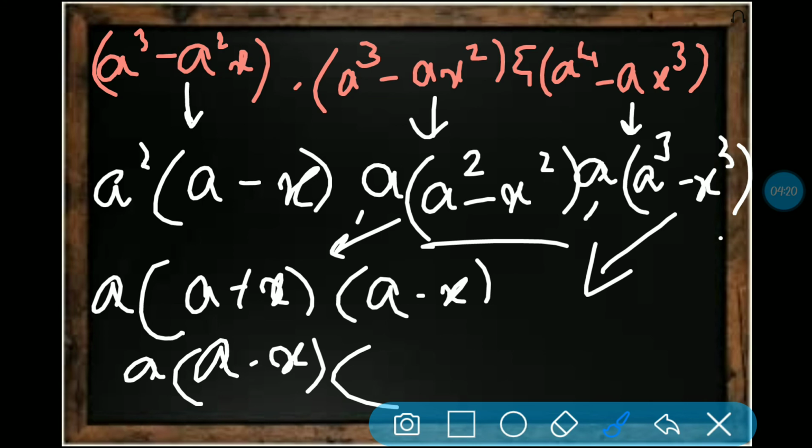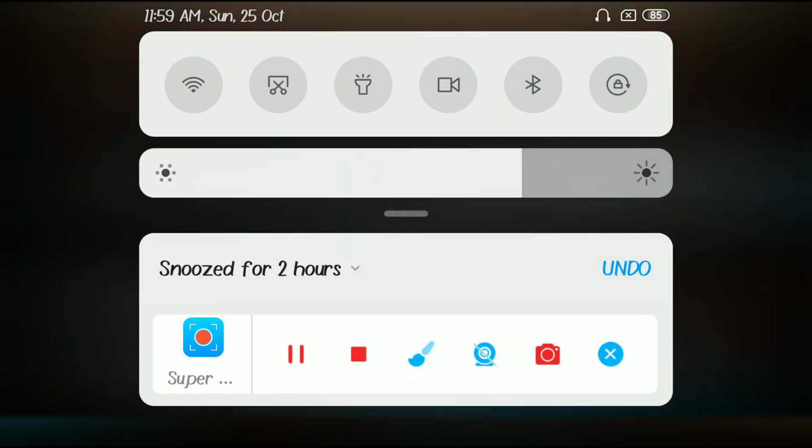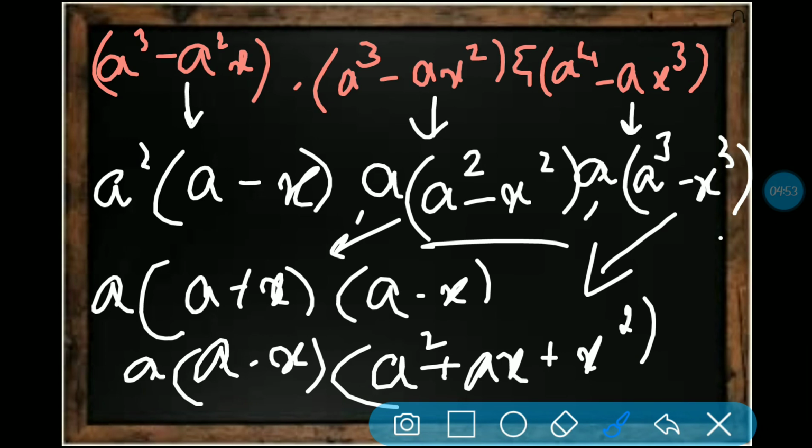Then we have a square plus a x plus x square. I think everyone remembers this formula, so once check that one also.